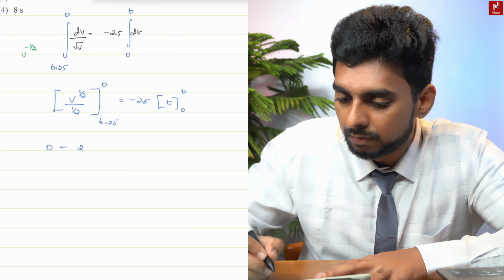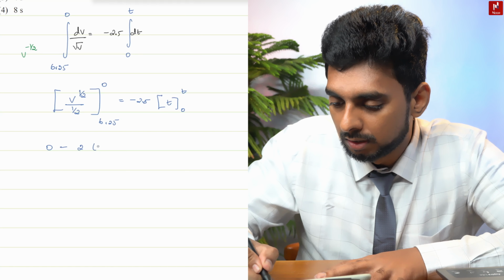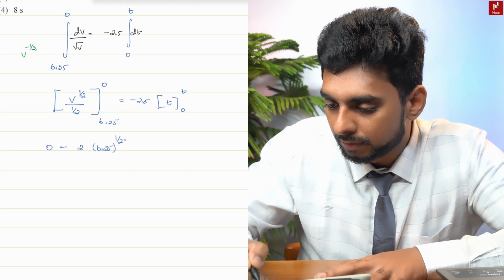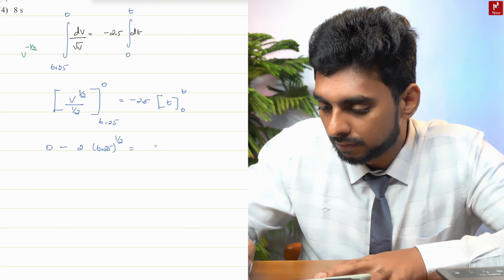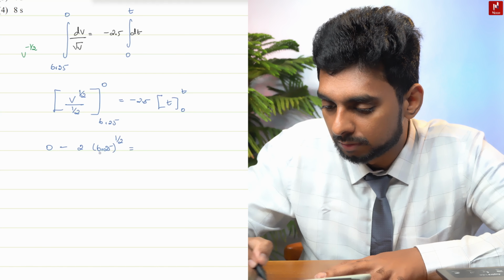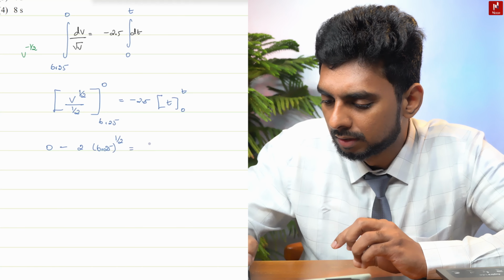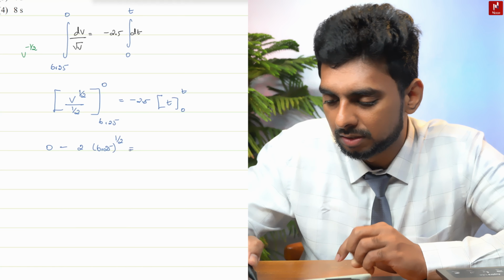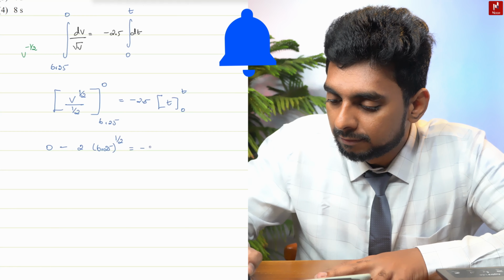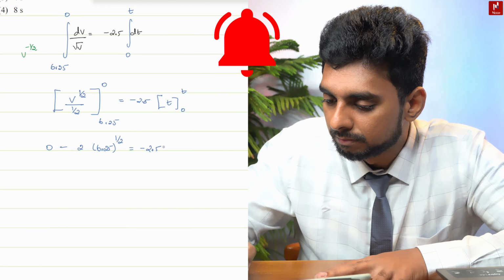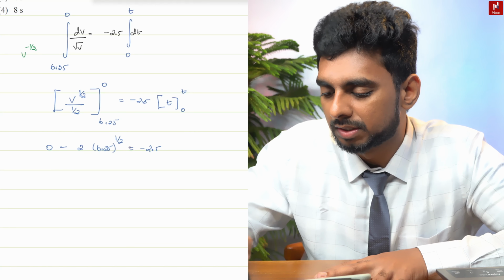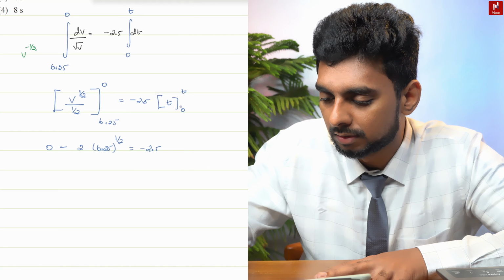So v power 1 by 2, that's going to be the square root of 6.25. So 2.5 times 2.5 is going to be 6.25, that should be obvious.